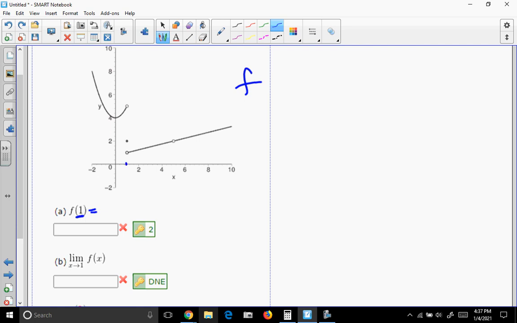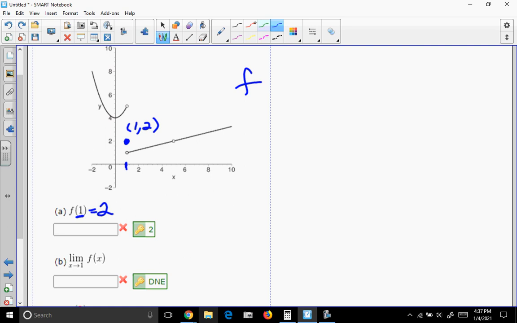So here is an x value of 1. Where is our point when x is 1? Well, our point is here. When x is 1, the corresponding y value is 2. So f of 1 is 2.